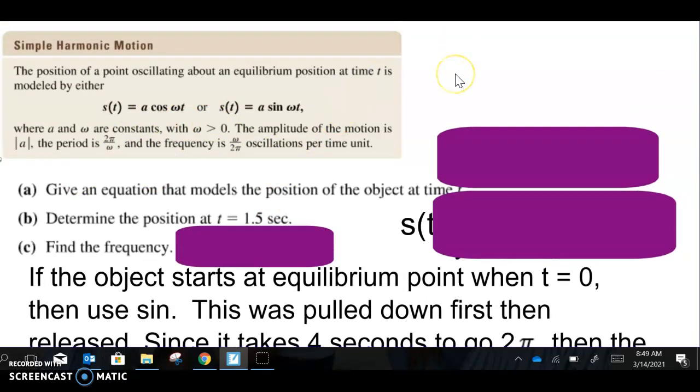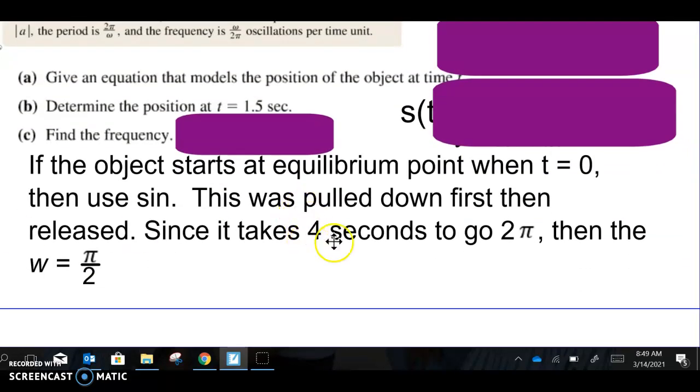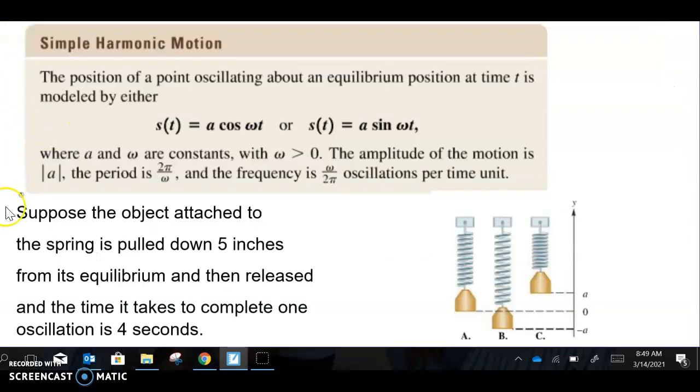If something just starts at equilibrium, we use sine. If we pull something down, like in the video or in this example, then we use cosine. So I know I'm going to use A cosine omega t. I need to figure out my angle. I'm going to use the fact that it takes 4 seconds to complete one oscillation, which is 2 pi.